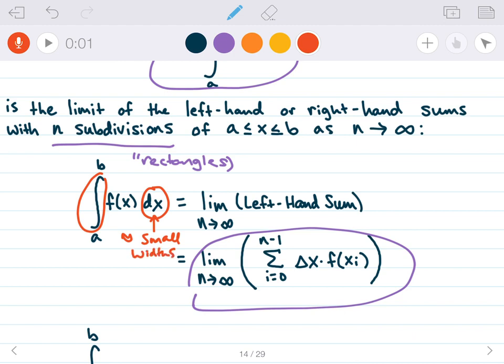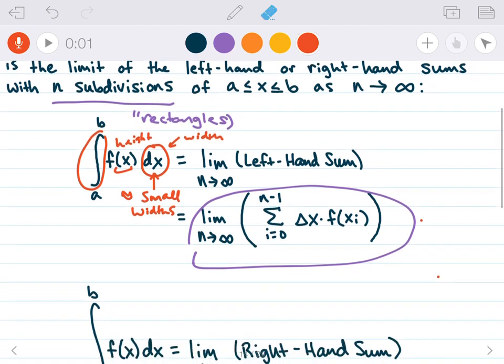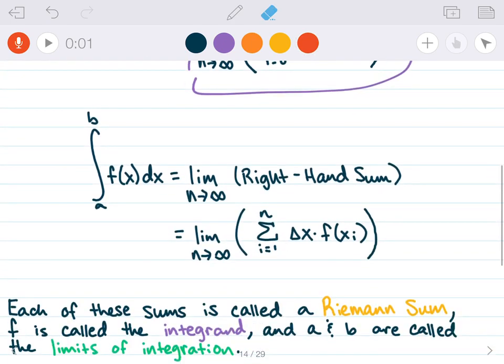This is what this dx can be thought of informally: we're taking a sum of a bunch of rectangles where dx is a tiny, tiny little width and f of x is the height. And we're doing this as the number of rectangles goes to infinity. So as dx gets very, very small is what's happening here. So that's the left-hand sum definition. We also have the right-hand sum.